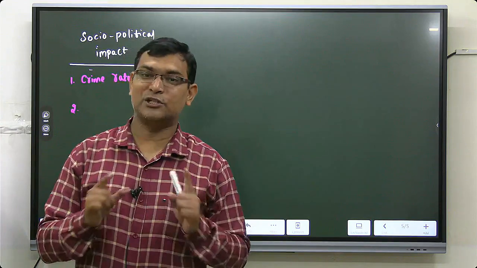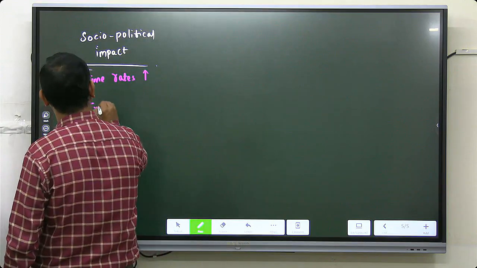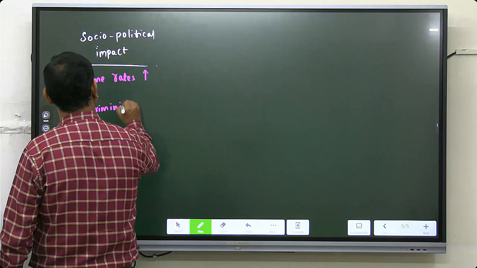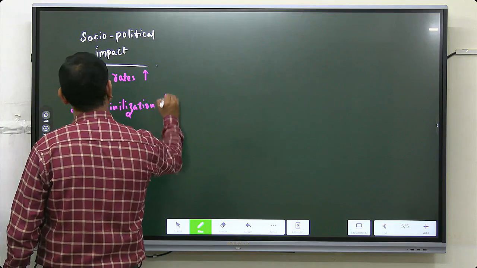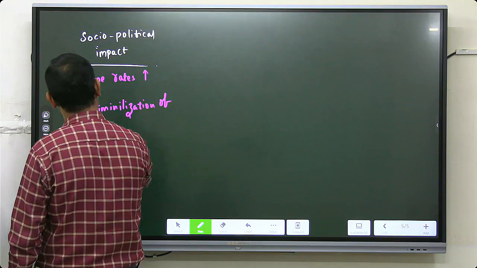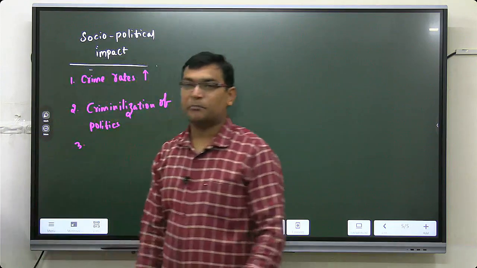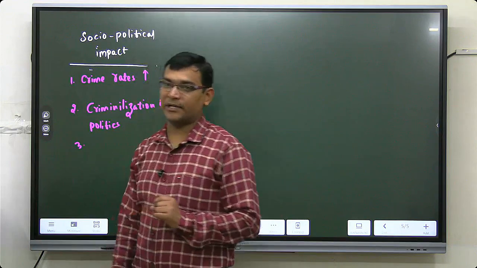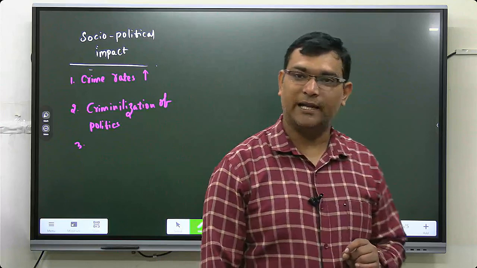So criminalization of politics. Am I right? Then political distrust and instability. That is what is called Eknath Shinde.